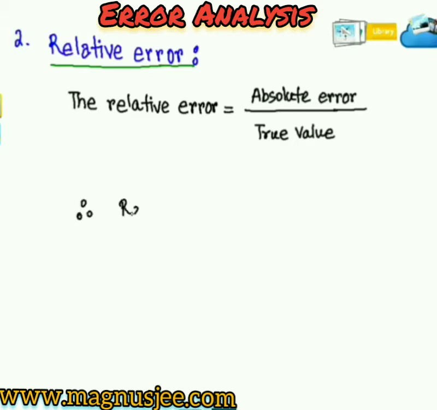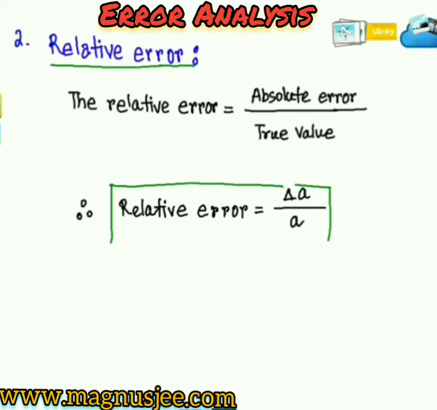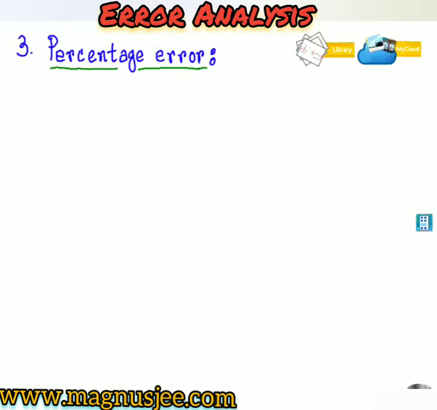Therefore, relative error equal delta A divided by A, where delta A is the absolute error and A is the true value of the physical quantity A. This is relative error. Now number three is percentage error.